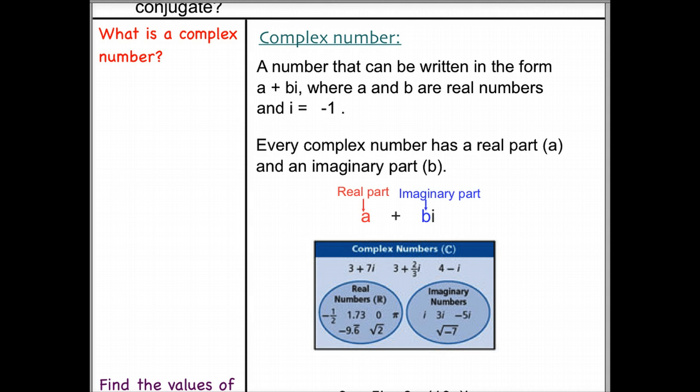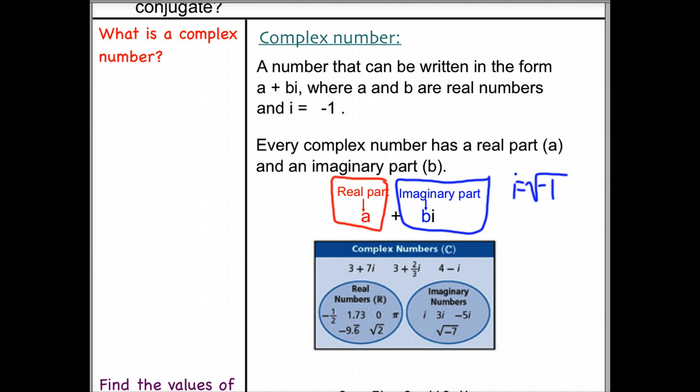So every complex number has a real part, a, and an imaginary part, b. You can see right here that the real part is a, and that the imaginary part is the bi part. And you can remember that i equals the square root of -1, which is what we learned in the last lesson.